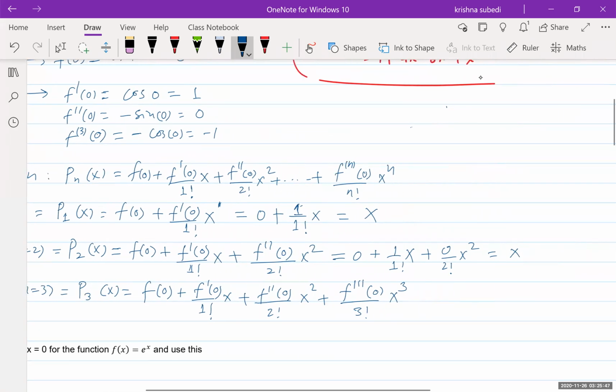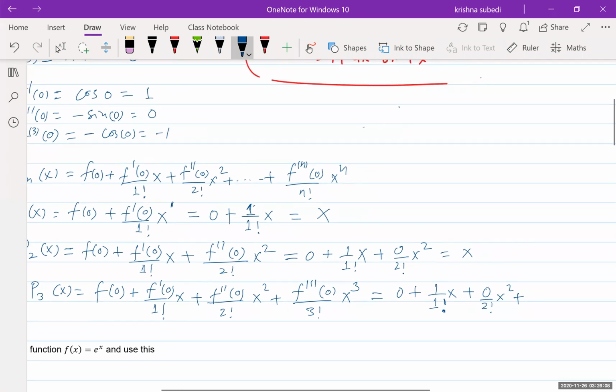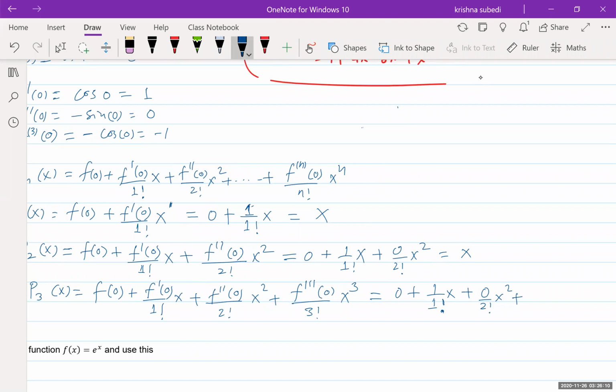That's it. Now you just substitute the values. The first one, f of 0 is 0, plus f prime of 0 is 1 over factorial 1 x, plus the second, f double prime of 0 is 0 over factorial 2 x squared, plus the third derivative is negative 1 over factorial 3 x cubed.